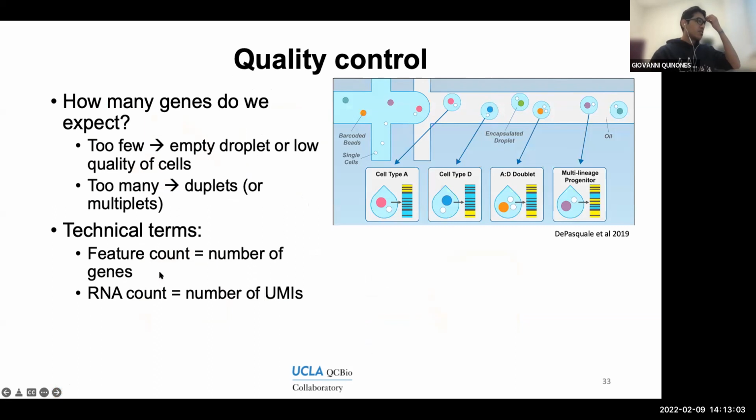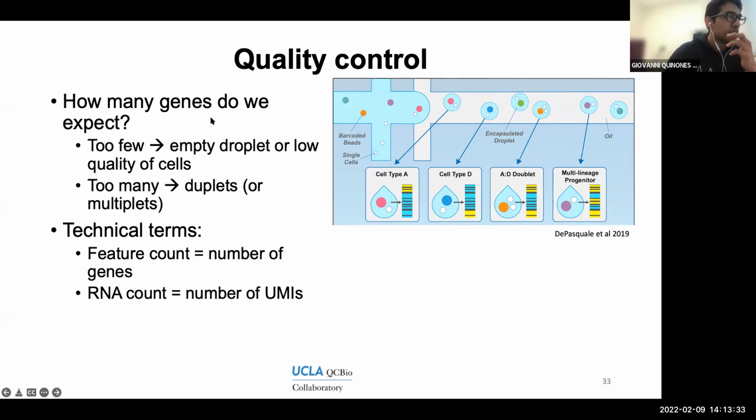So quality control, when you're doing any type of data analysis, the very first step should be to make sure that your data is good, that your data makes sense. If you start with data that's too contaminated or too messy, then whatever conclusion you get out of it is probably not going to be very reliable.